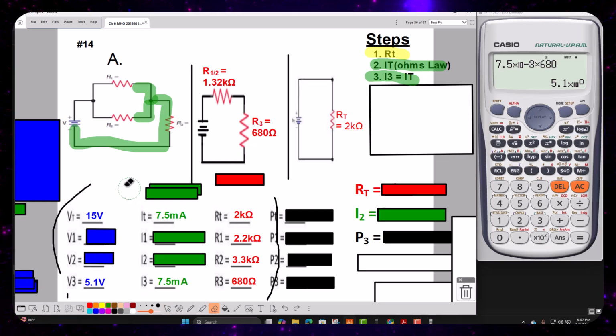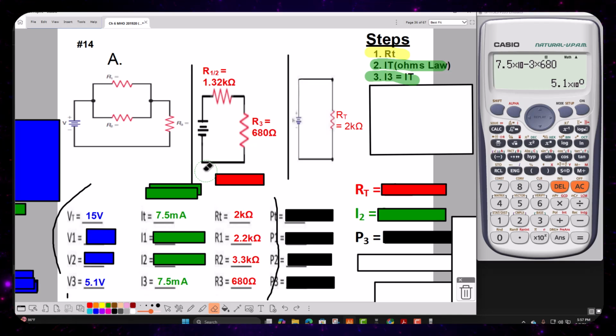Now since R1 and R2 are parallel, that tells me that V1 and V2 will have the same amount of voltage, but it can't be the full 15 volts because I dropped 5.1 volts at R3.